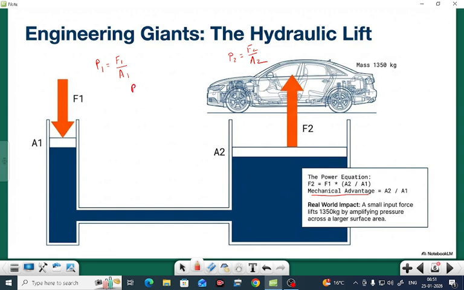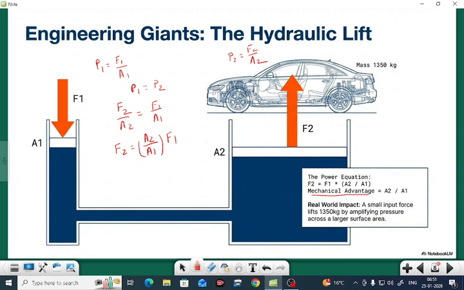Since P1 equals P2, F2 by A2 is equal to F1 by A1, or F2 equals A2 by A1 into F1. So we find that A2 by A1 is called the mechanical advantage.